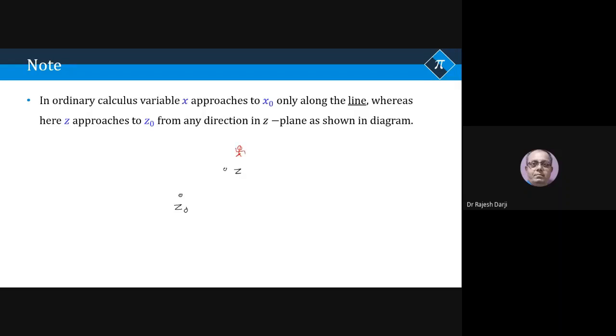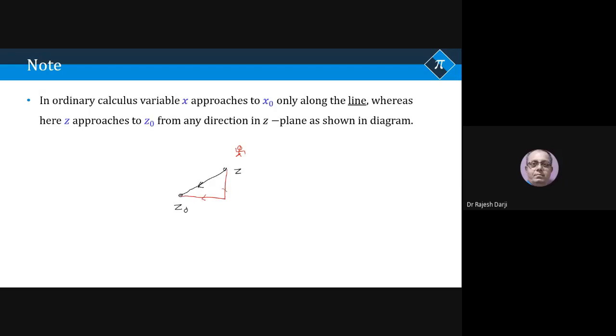Someone stays over here. Now you have the freedom in the plane. So you want to move from z to z0. One can move directly in this way. Someone says, sir, I don't like this path, I have to move first downward and then across.